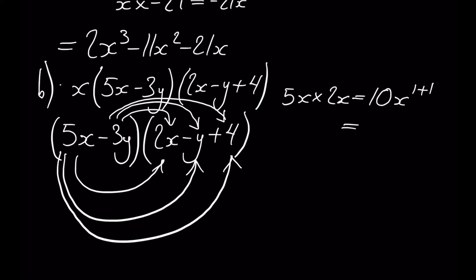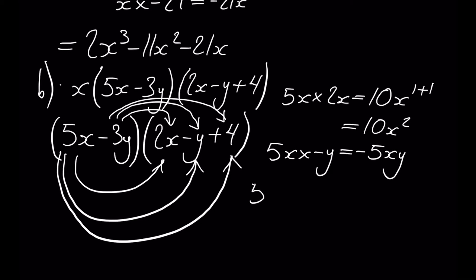So we end up with 10x squared. 5x times minus y is minus 5xy, because 5 times minus 1 is minus 5. And then 5x times 4 is 20x.